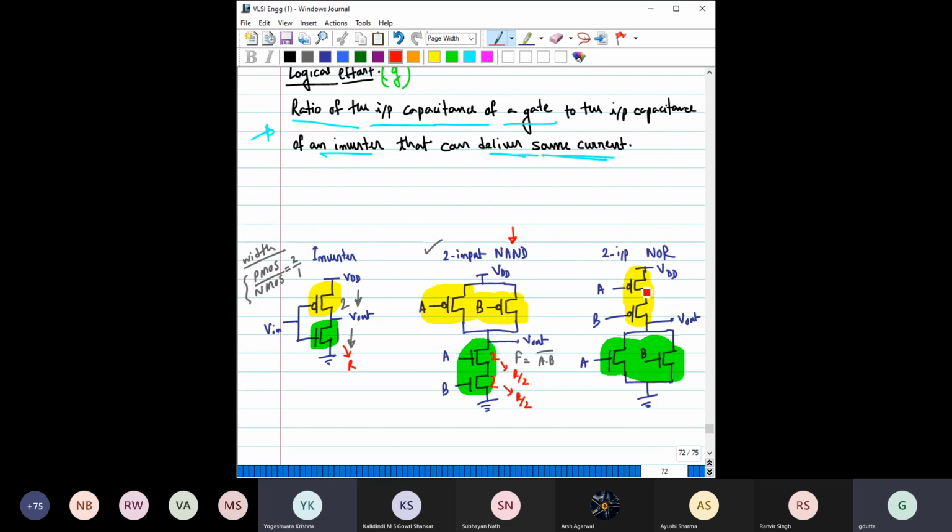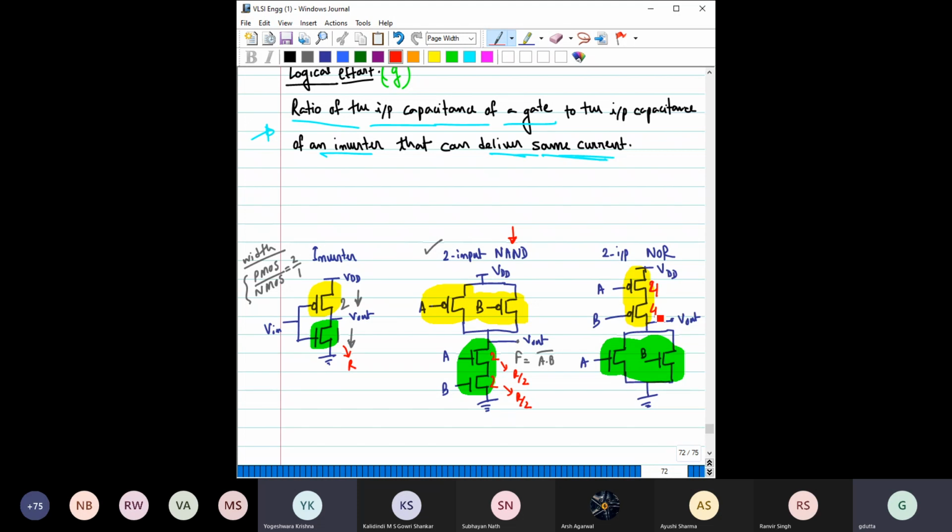Can you comment the same for the PMOS in this 2 input NOR? Here also two PMOS are in series. If you have to make the resistance of the total pull up network the same as that of the equal inverter, then you have to make the width of this transistor 2 times. So you have to make it 4.